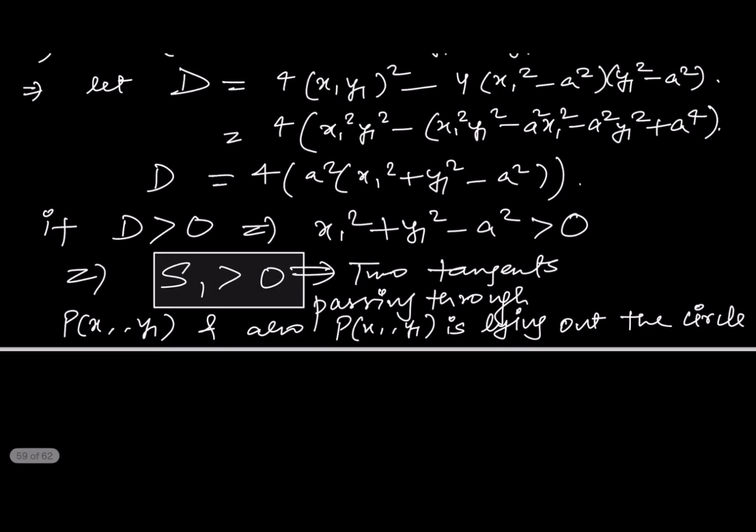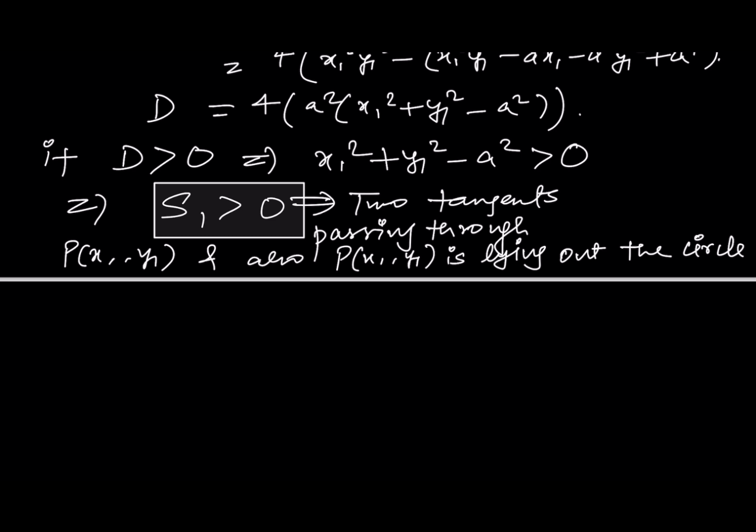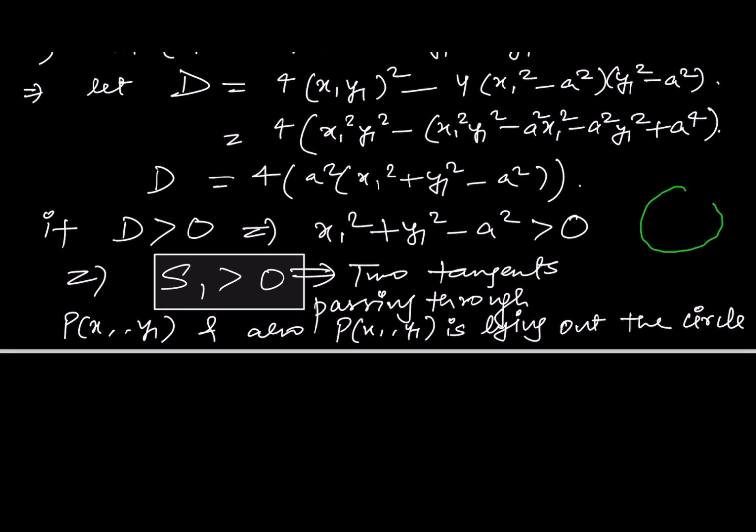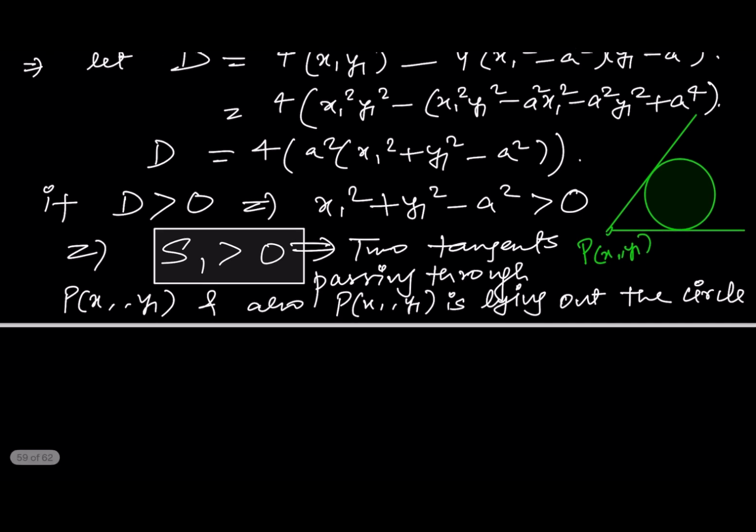It means if this is the circle, then point P is lying somewhere at this point, and if the point is outside, then this is the only possibility, that there are two tangents.